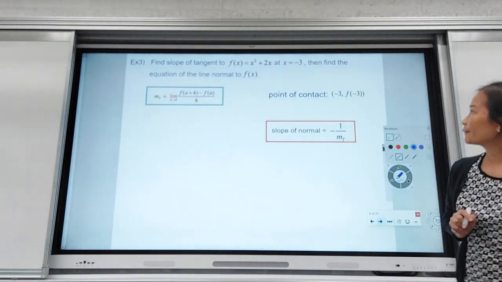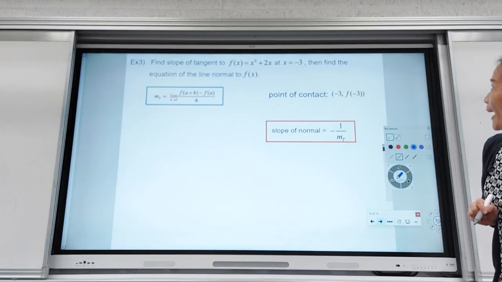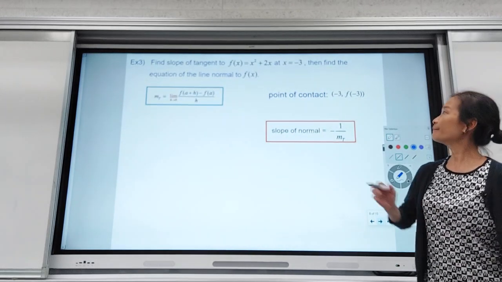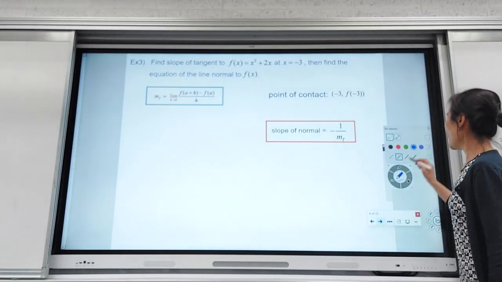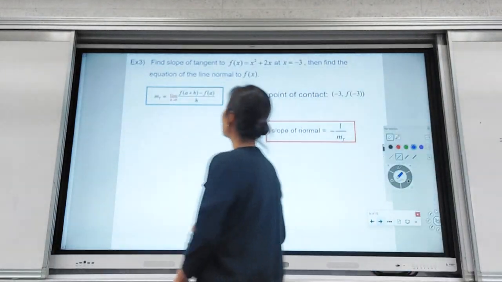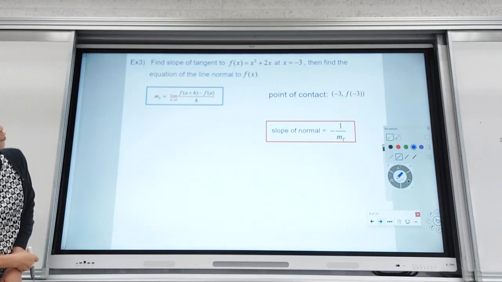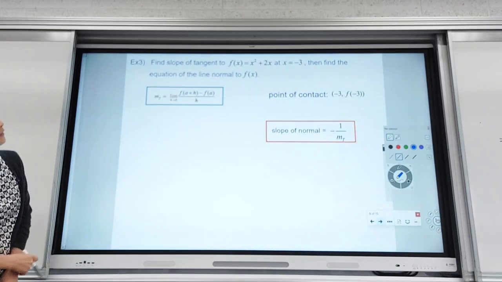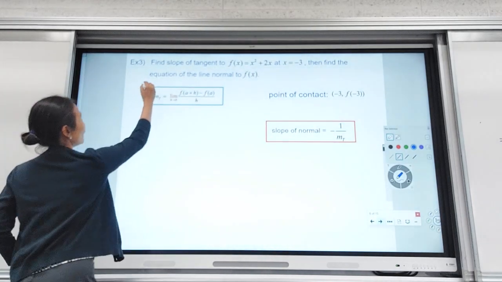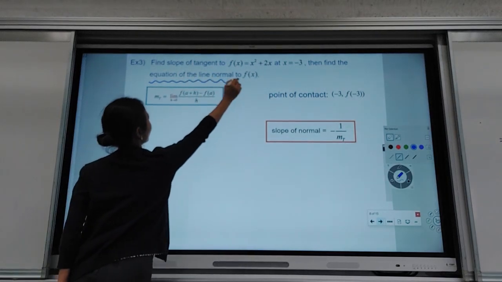Okey-doke. Let's try this question. This is a quadratic, right? The question says, find the slope of the tangent at x equal to negative 3 for f of x. So can you find the equation of the normal as well?